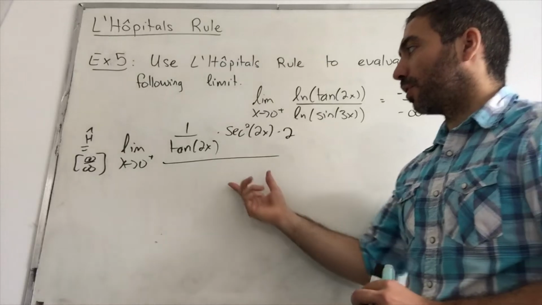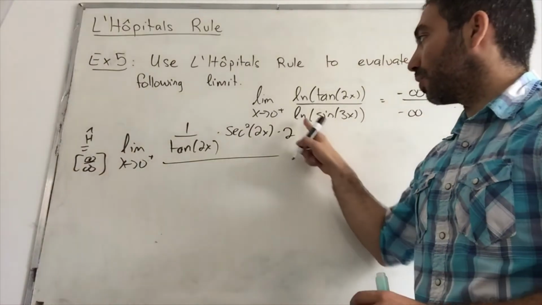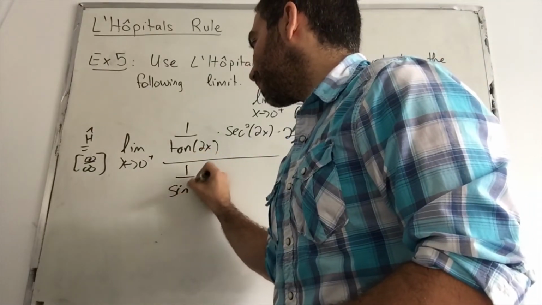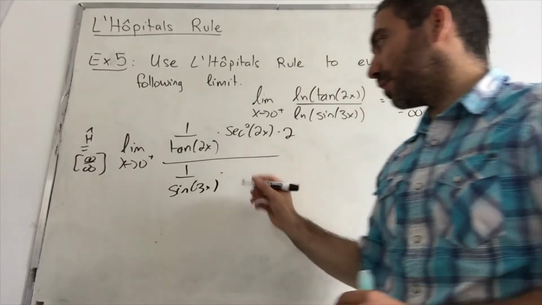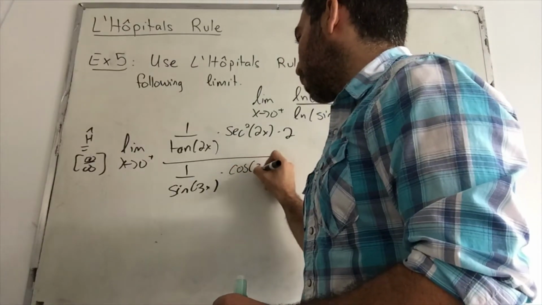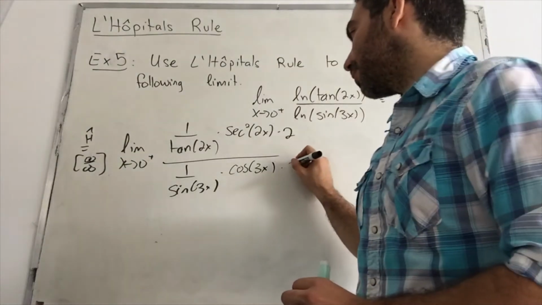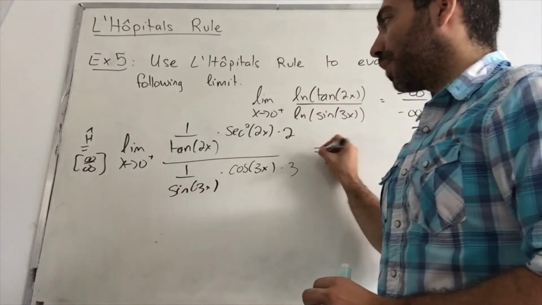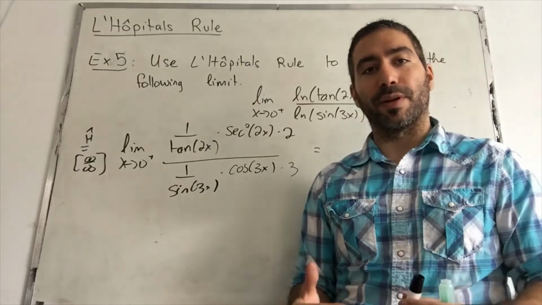Let's focus on the denominator now. Ln of sine of 3x, the derivative of ln of whatever's in its bracket is 1 over whatever's in its bracket, sine of 3x, times the derivative of sine. Sine is cos of whatever's in its bracket, in this case 3x, and then lastly the derivative of 3x is just 3. Okay. So before I reapply L'Hopital's rule, something like this, I would definitely go ahead and simplify it first.